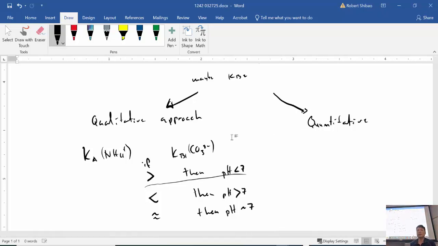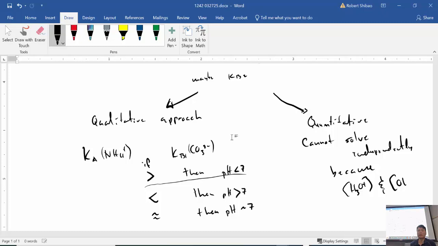We cannot solve these independently of each other, because the hydronium concentration and hydroxide are tied together in a seesaw relationship. If one goes up, the other has to go down.